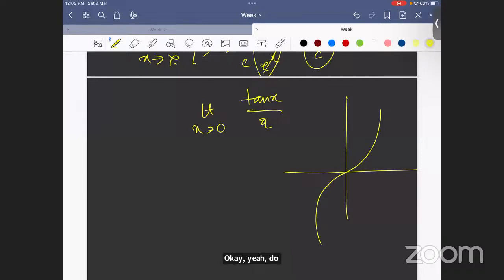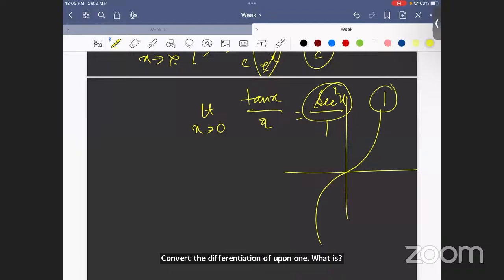So this is 0 by 0, right? Can you use our method? You can differentiate it. What is the differentiation of tan x? Sec square x. And the differentiation of x is 1. What is sec x at 0? 1. You'll get 1.